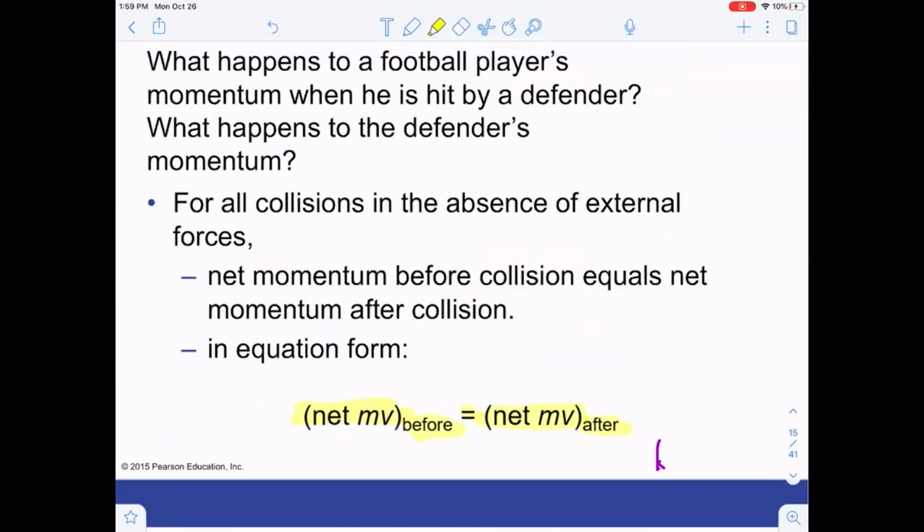Another way of writing that, the sum of the momentums initially is equal to the sum of the momentums finally, after the collision. Make sense?